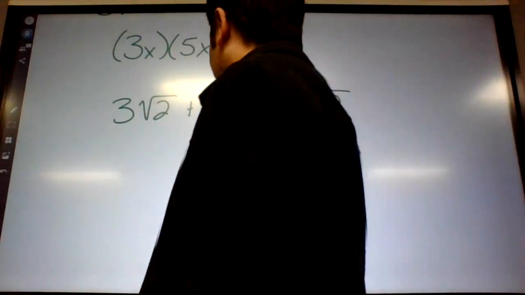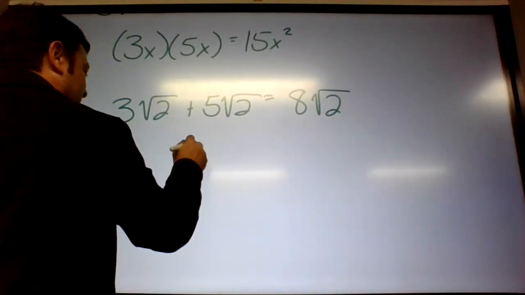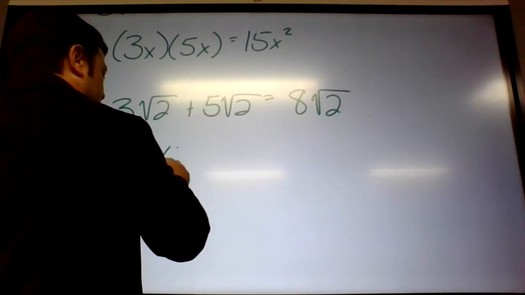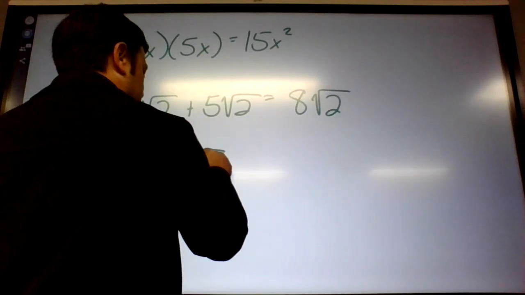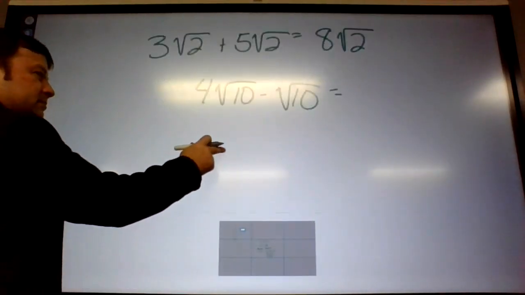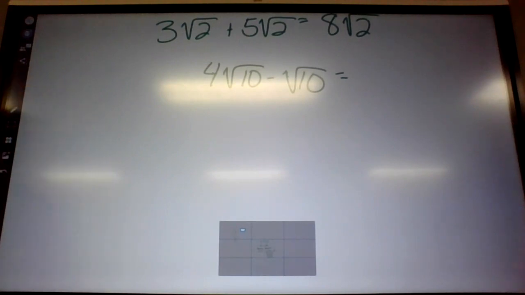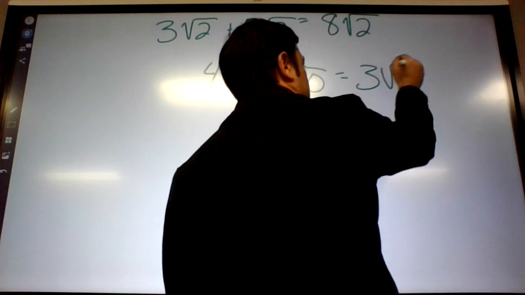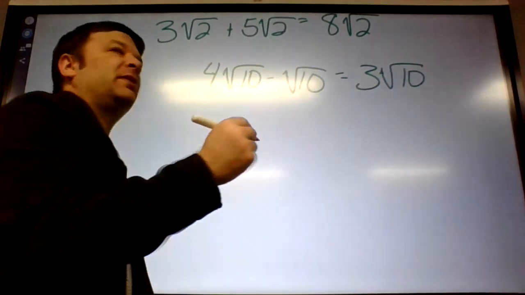Let me see if I can fool you here. How about 4 square root of 10 minus square root of 10? How'd you get 3 square root of 10? Let me explain.